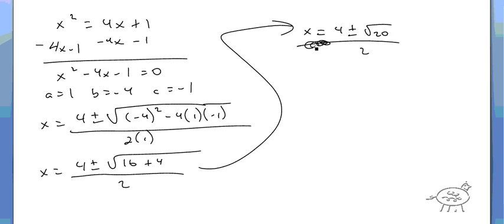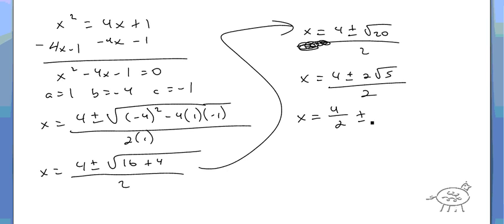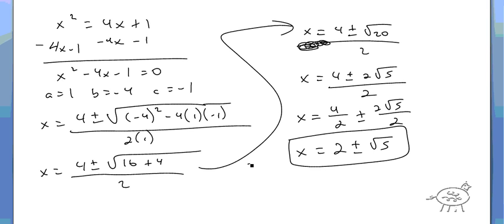Okay, and then I can simplify the square root of 20, so x equals 4 plus or minus 2 root 5 over 2. And I can split it up now. So it's 4 over 2 plus or minus 2 root 5 over 2. And I get 2 plus or minus root 5. Okay? That's my exact answer.